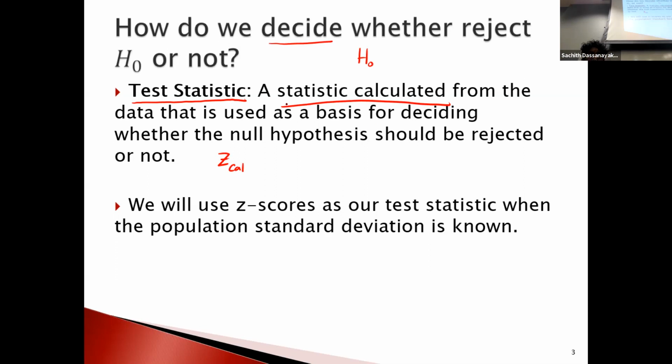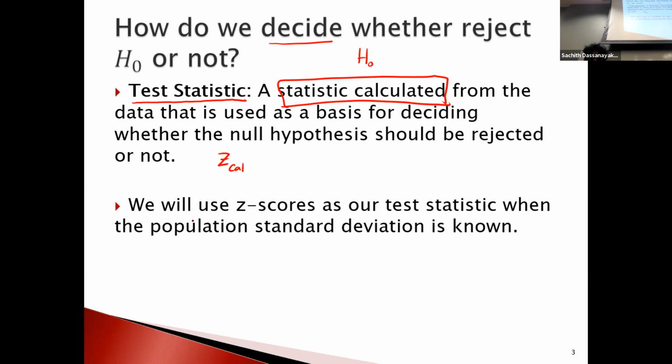So based on this calculated value, or test statistic value, we decide whether we reject our null hypothesis or not. I'll show you how we decide it. It is based on two sides. Like in this side, if our test statistic value lives in this part, we reject.